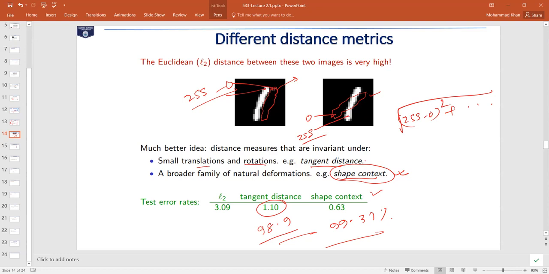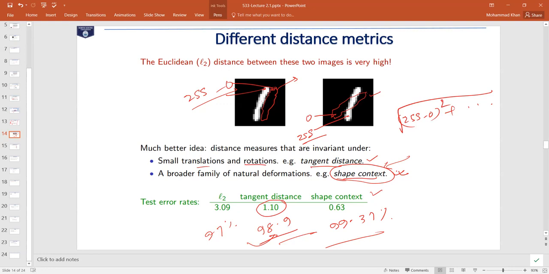So tangent distance can understand better than Euclidean distance. That's how we see that accuracy improved from almost 97% to 98.9%. Shape context can understand even more. It operates on chunks of pixels, like a couple of pixels together, and then defines some shape with them. Based on the shapes, it can find object similarity, basically.